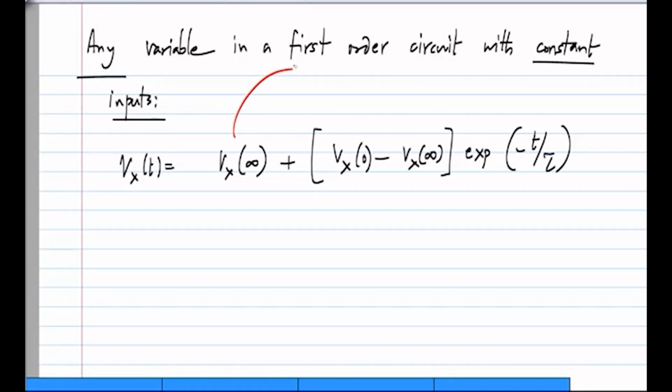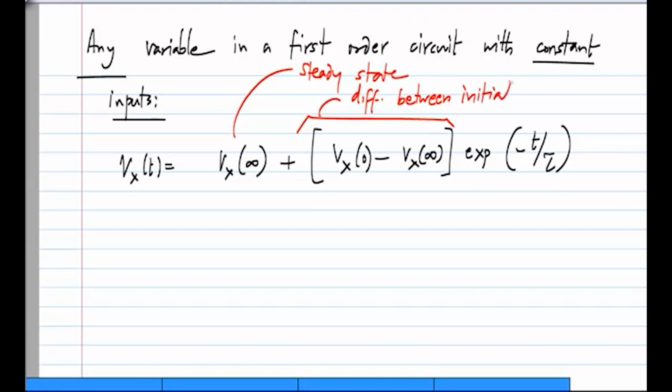So like I already pointed out, this is the steady state value, and this is the difference between initial and steady state, and this is the time constant.